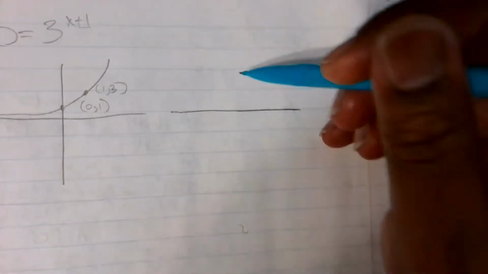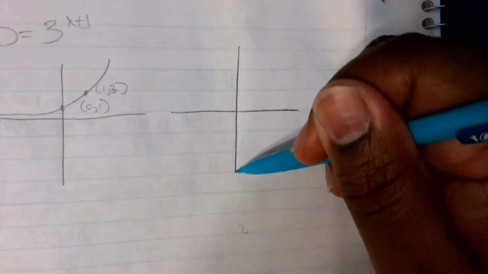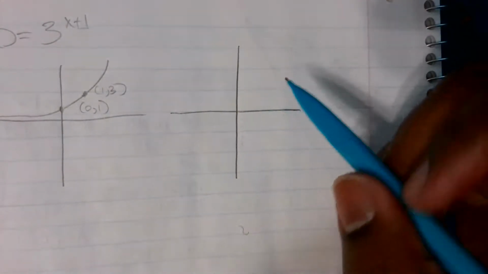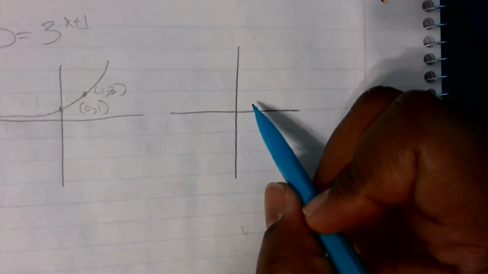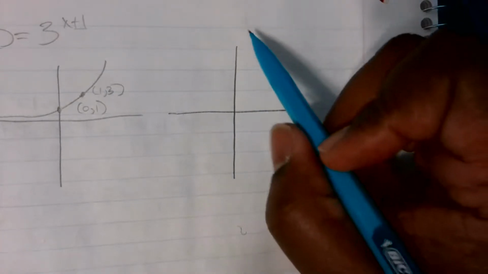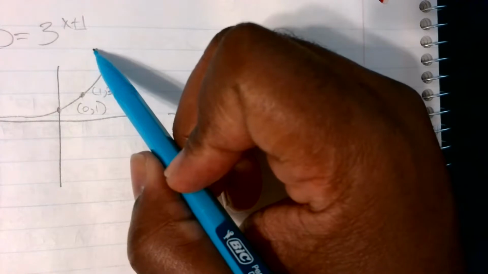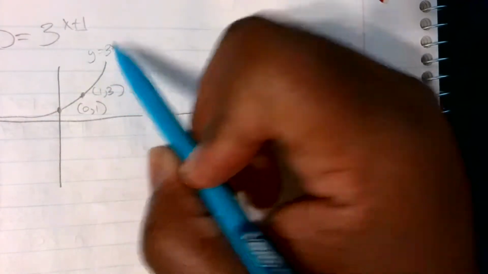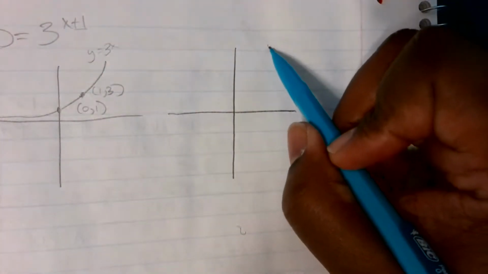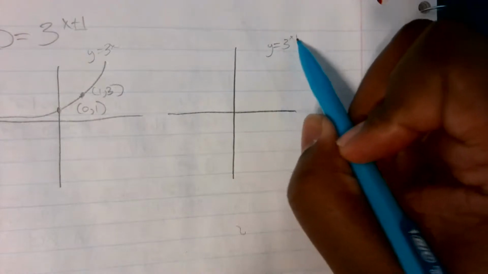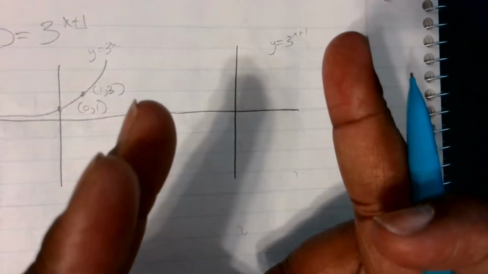So if we do it again, I'll do a little table here, and that'll help show some. So this is y is equal to 3 to the x. This would be y is equal to 3 to the x plus 1. It looks just like this graph, only it's shifted that way.